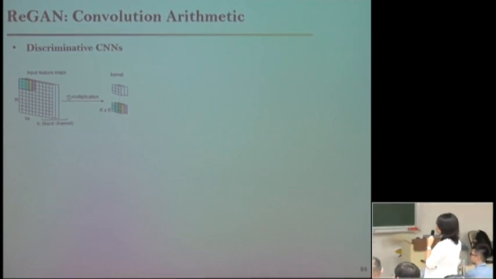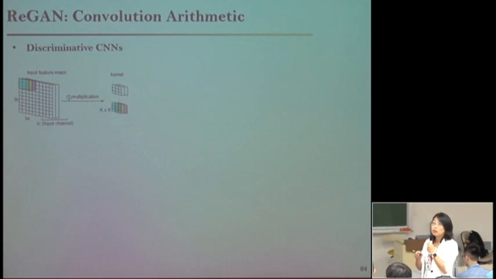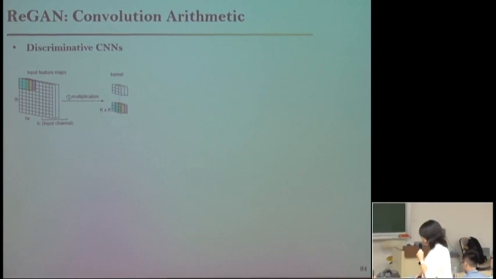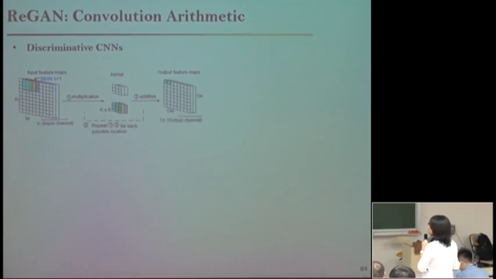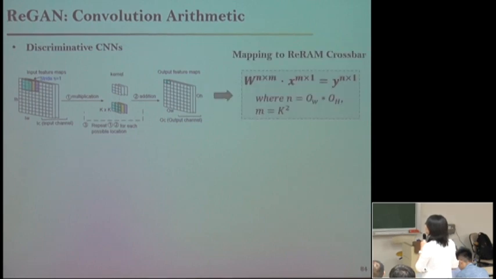For the discriminative CNNs, the majority part is convolution operations, which are multiplication and additions. We move the feature maps to do the convolution, multiplication and addition, and so on and so forth.